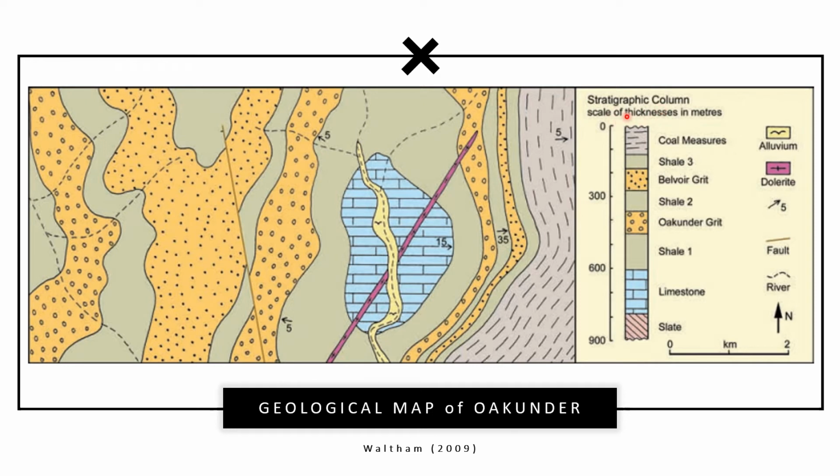As we can see, the scale of the thickness is in units of meters. So this is 300 meters, 600 meters, 900 meters. So the units are in meters.